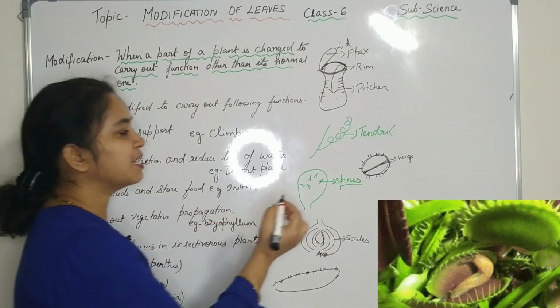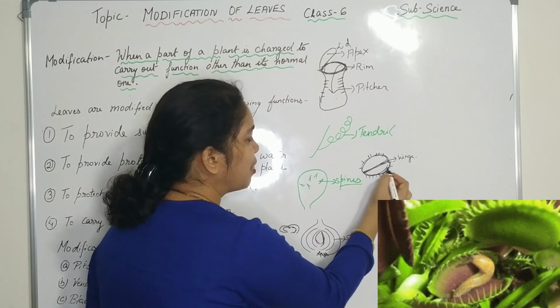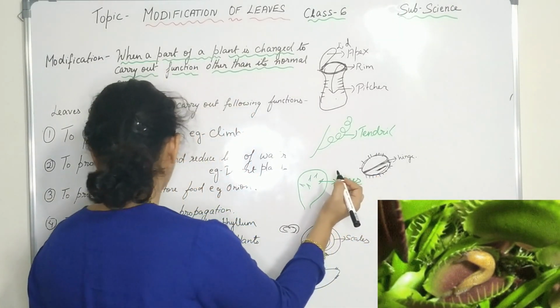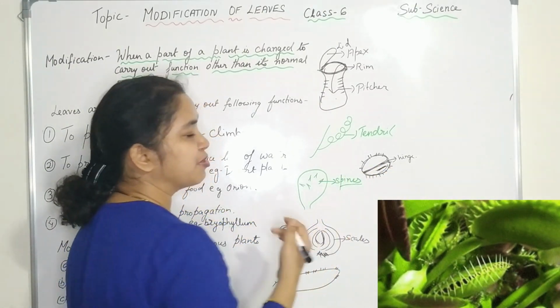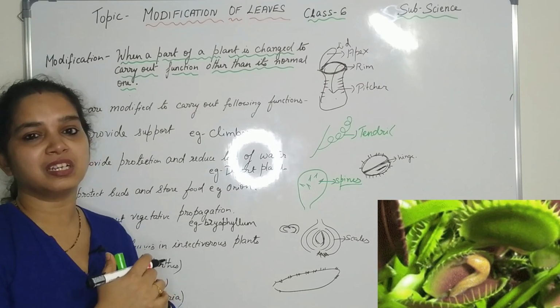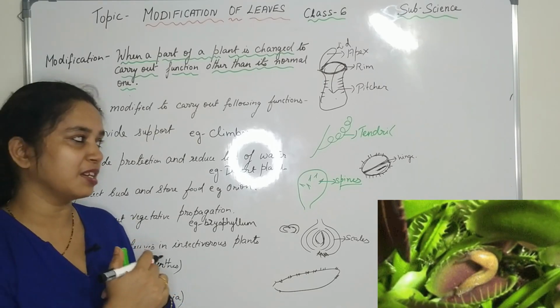When an insect or small worm comes in contact with the Venus flytrap, also called the snap trap, it snaps the insect or the worm.